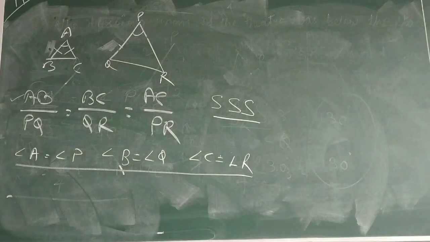So we got three postulates till now. First postulate, angle, angle, angle postulate. Second is side, angle, side postulate. And third one is side, side, side postulate. So now let us go for the fourth postulate, which is known as the right angle hypotenuse postulate. Let us see.